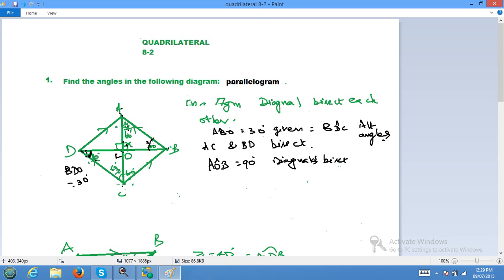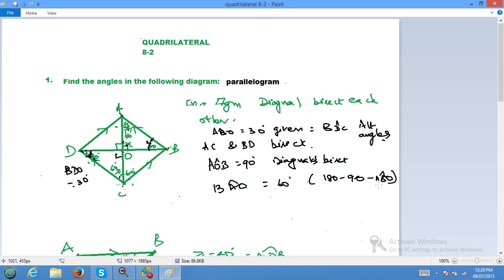So we know this is 30, this is 30. What about the other angles? Now angle A is 60, so the alternate angle is 60. Now this is 30. So angle BAO is equal to 180 minus 90 minus ABO.